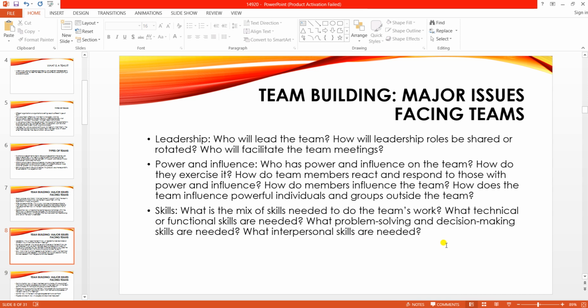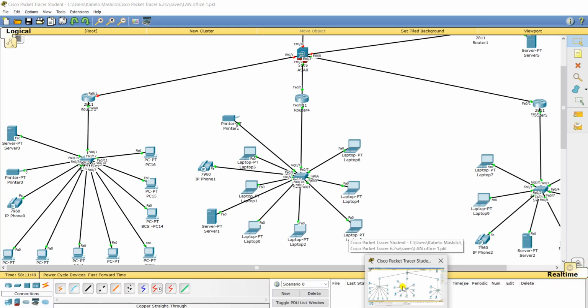If there are issues, those issues need to be addressed, and meetings have to be facilitated in order to solve those problems. And also, we've got the skills. So what is the mix of skills needed to do the team's work? In this instance, we have the skills needed in terms of technical support, an individual who has the capacity to configure the switches and the routers.